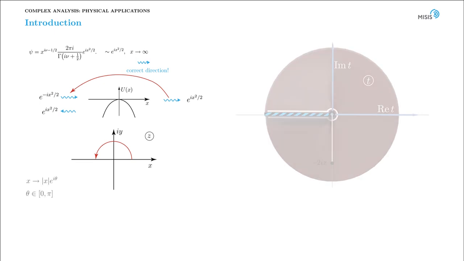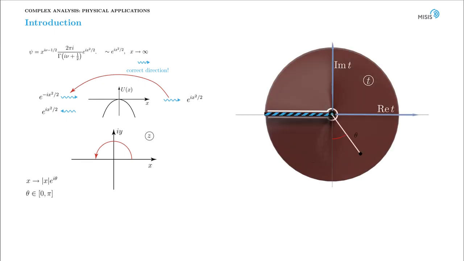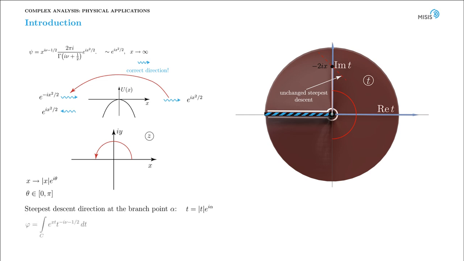The first thing we notice is that the position of the saddle point changes, but the steepest descent path at the saddle stays the same as it doesn't depend on x. The situation at the branch point is the opposite one. The position of the branch point is obviously not changed, but the direction of the steepest descent rotates with rotating x. Indeed, let us remind that the steepest descent direction alpha is defined by the condition that when moving along the integration contour, the argument of the exponential function e to xt decays in the fastest possible way.